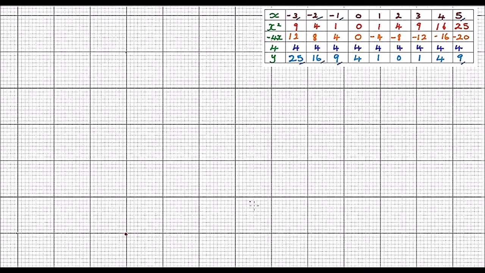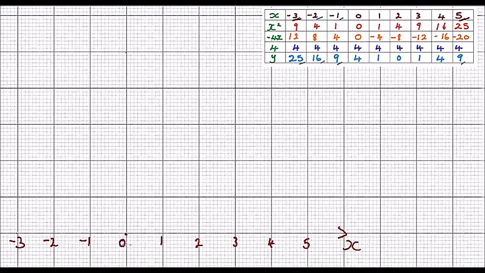We say that the value of x, the lowest is -3 and the highest is 5. So we have 1, we have 2, 3, 4, and 5. So that is our x-axis. On the negative side, we have -1, we have -2, we have -3.